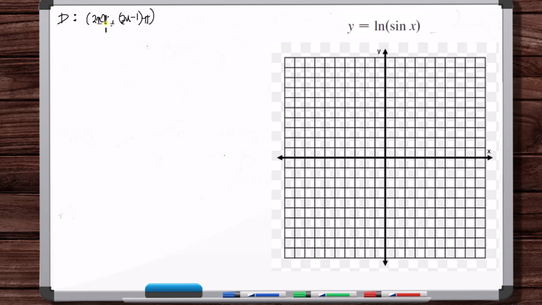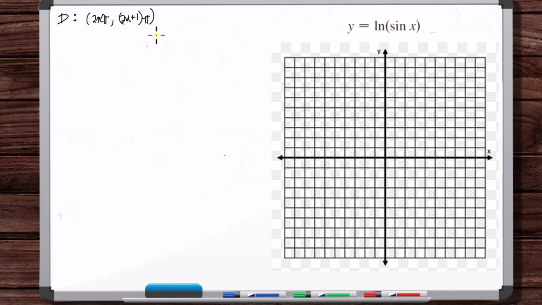So n is equal to 0, you get 0 here, and here you get pi. So you have 0 and pi. N is equal to 1, you get 2 pi here, and that's 3 pi. What about n is equal to minus 1? You get minus 2 pi, and then here you get minus pi. You see? So that's the domain.